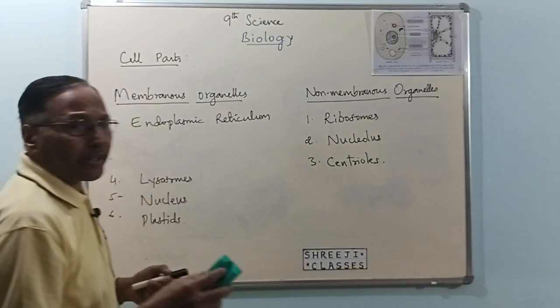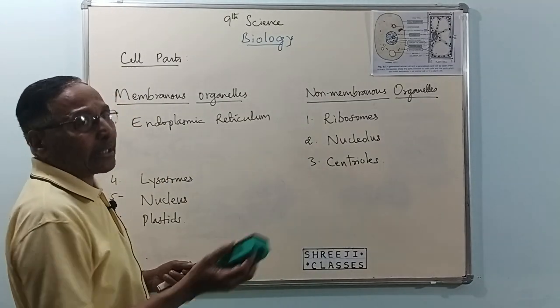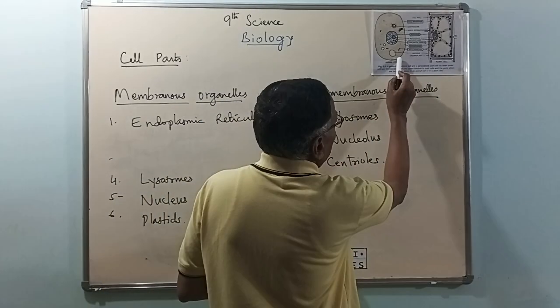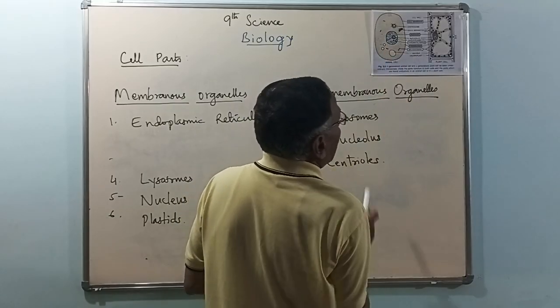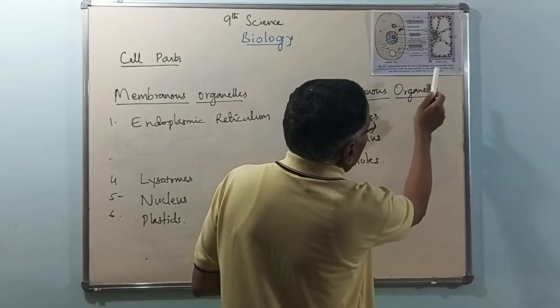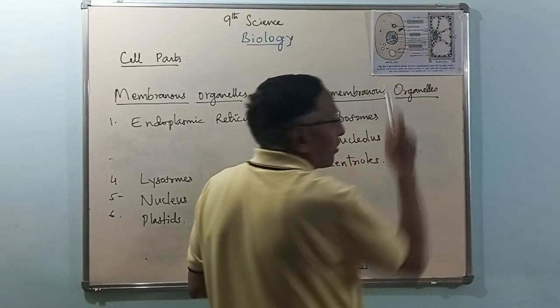Reticulum is network. It is a network of membranes, membranous network that extends from the cell membrane or plasma membrane up to the nuclear membrane. You can see the network inside also.